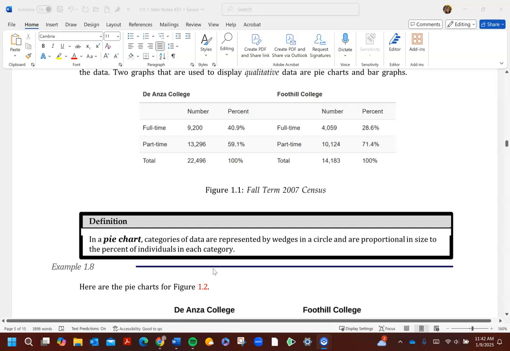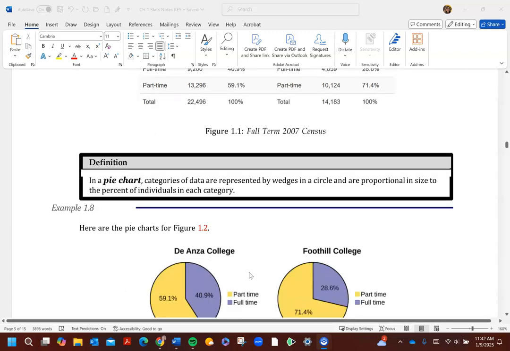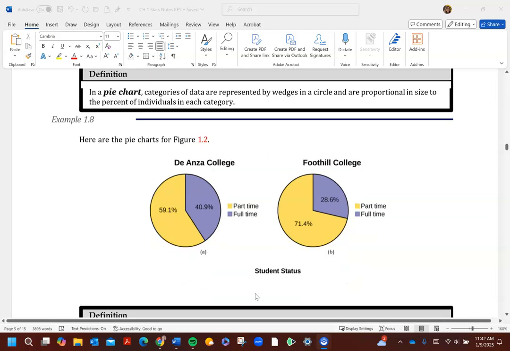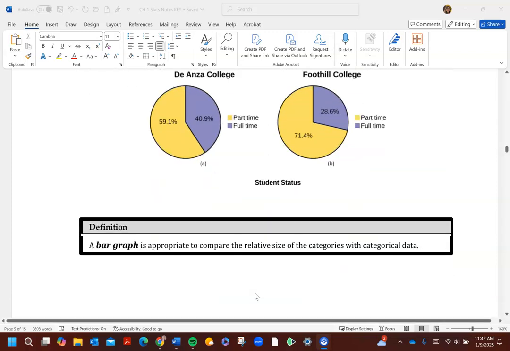Pie charts are kind of nice. They give you the wedges and you can see the proportional size. If we take that info and put it into the pie chart, it's a lot easier to tell at a glance and compare the two colleges.